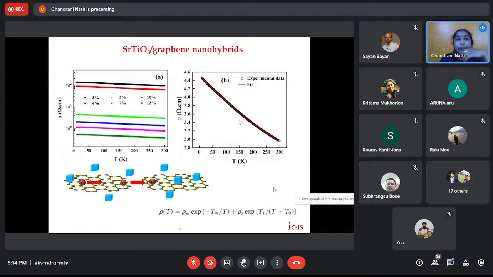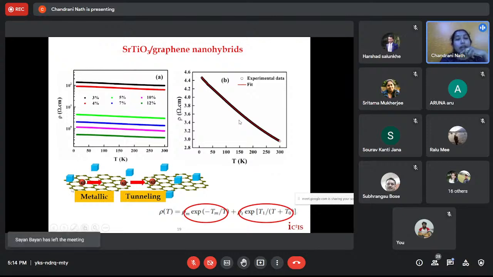From the electrical conductivity plots, the resistivity versus temperature plots, we modeled the mechanism by the heterogeneous model. We found that the movement of electrons takes place within the graphene nanoflakes, as well as from one graphene flake hopping to another graphene flake.